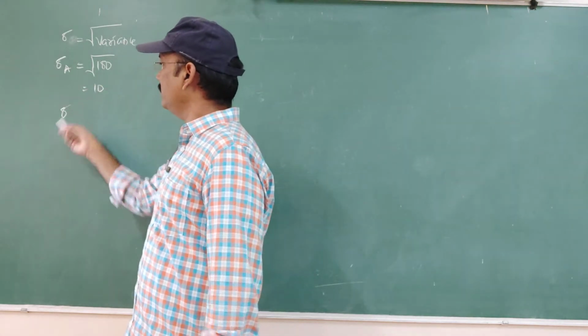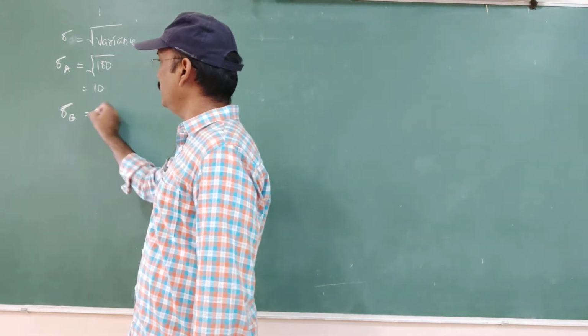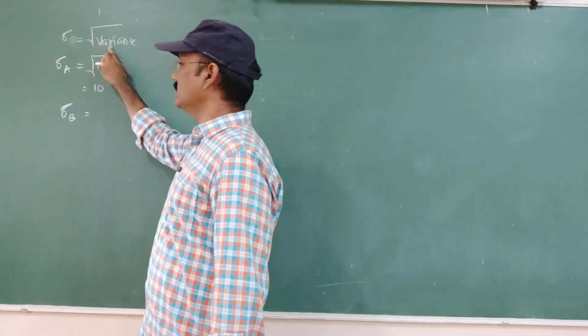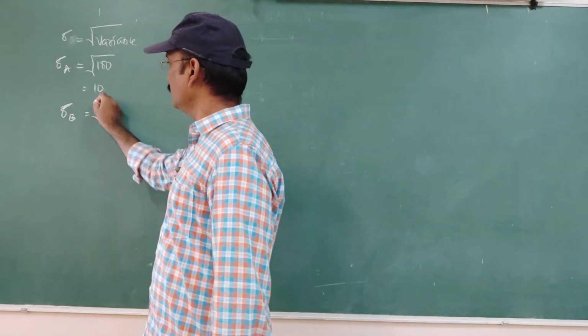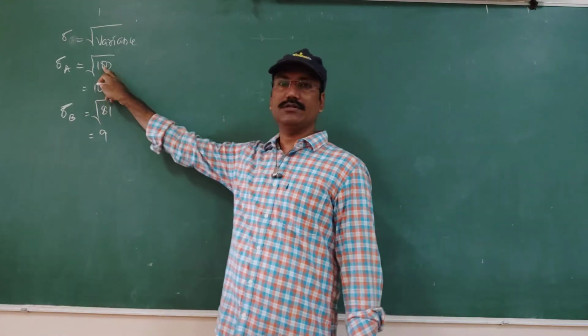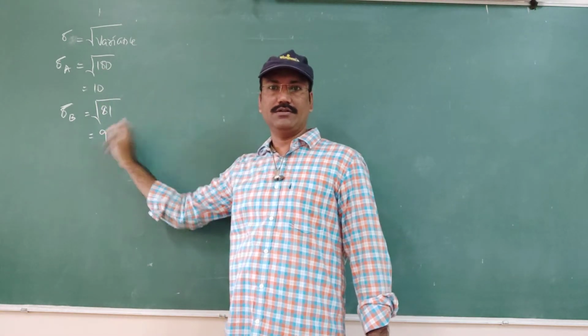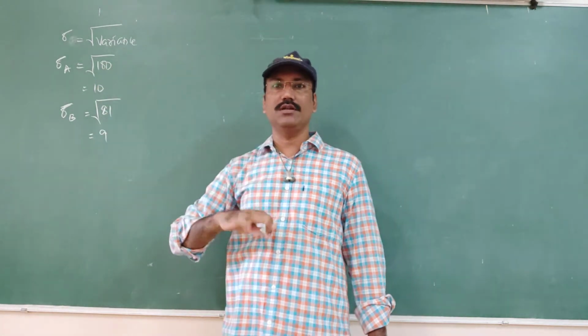What is B, the second one? Standard deviation of B is again the root of variance. The variance of the second one is 81, so the root of 81 is 9. So this was the standard deviation of A and this was the standard deviation of B. I hope the conversion from variance to standard deviation is clear.